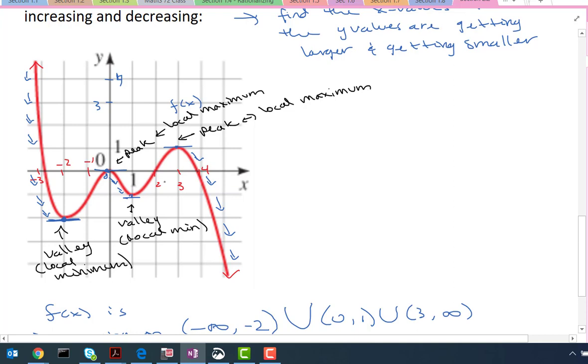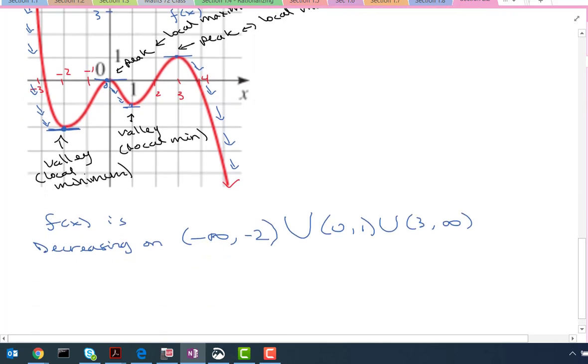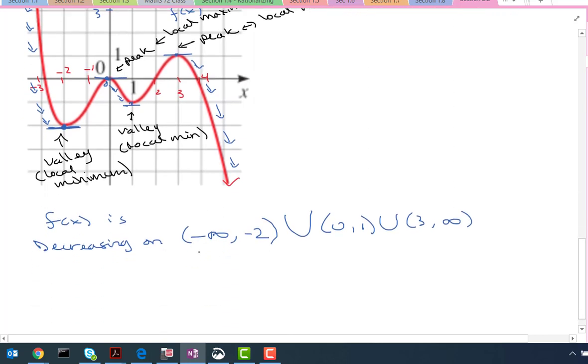That will be the peak. That will be your local maximum, and then it starts to come back down. So the altitude starts to decrease. And so that will be the intervals where the function is decreasing, and it's increasing on the places where it's not decreasing.